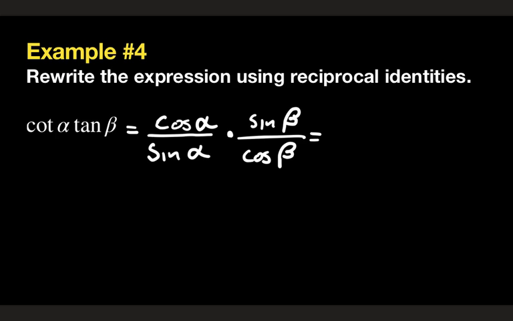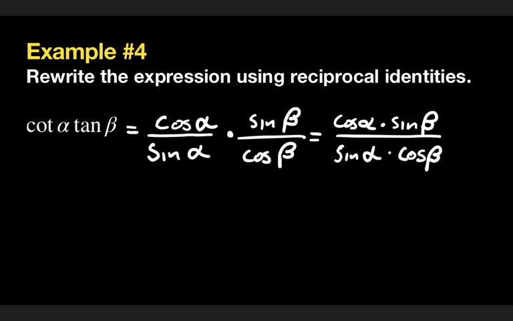So this is just going to give you cosine alpha times sine beta over sine alpha times cosine beta.